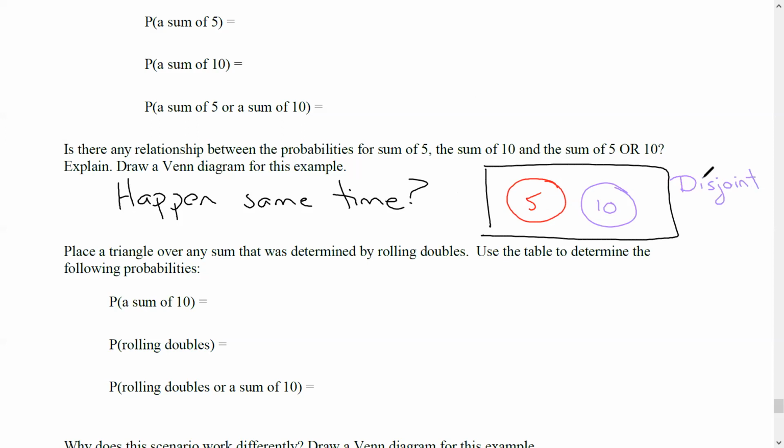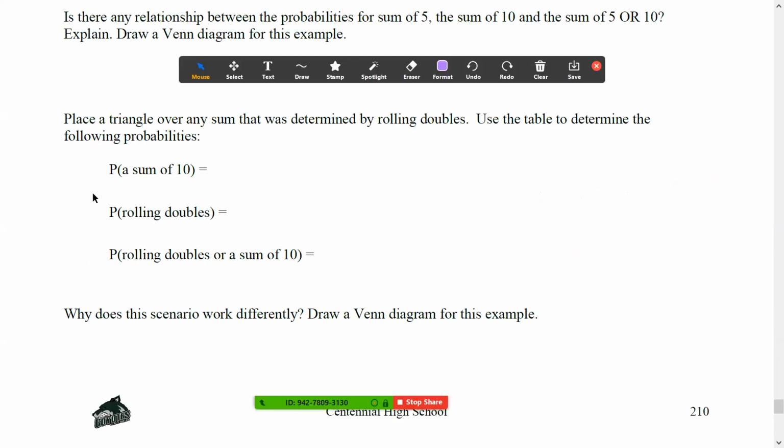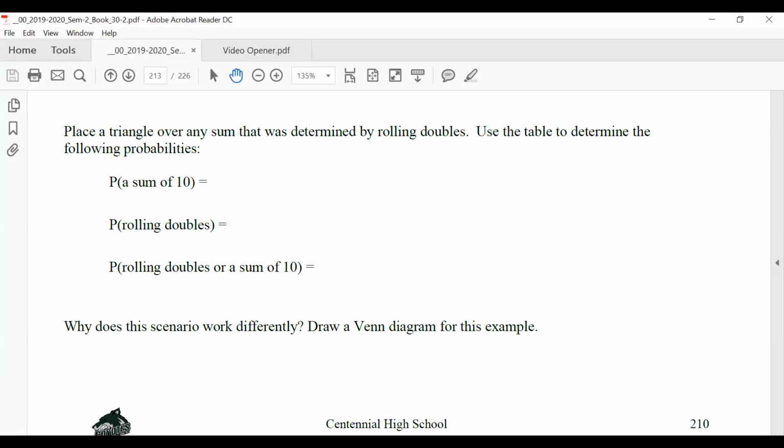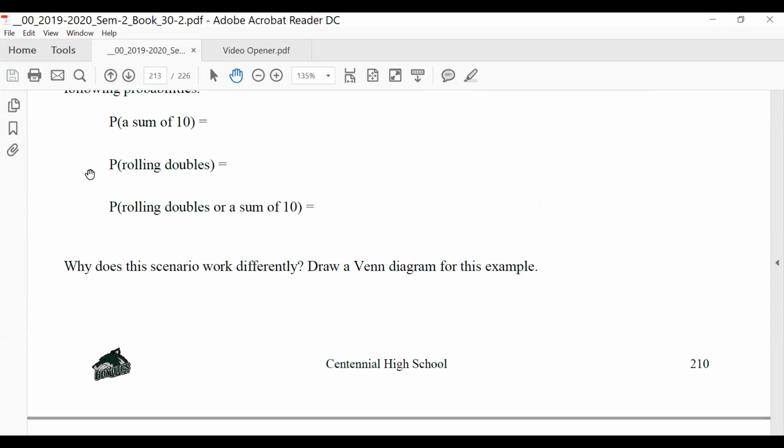Now, let's take a look at the next question. Let's place a triangle over any sum that was determined by rolling doubles. Okay. Well, you go back up and do that.